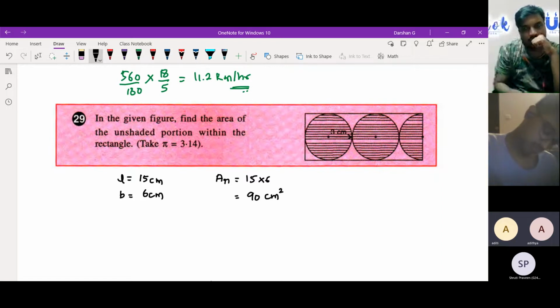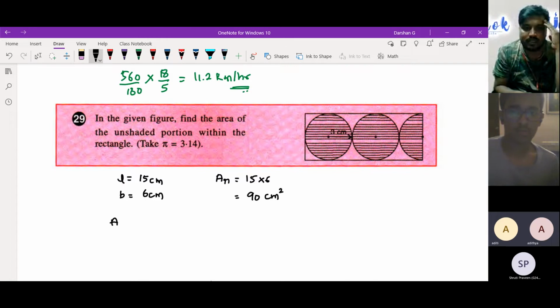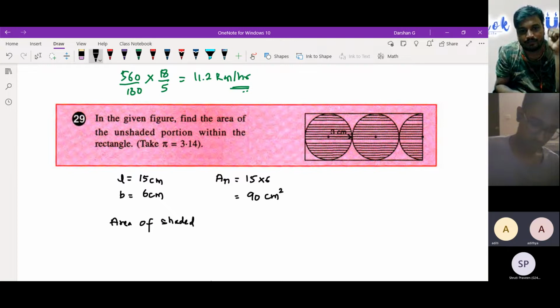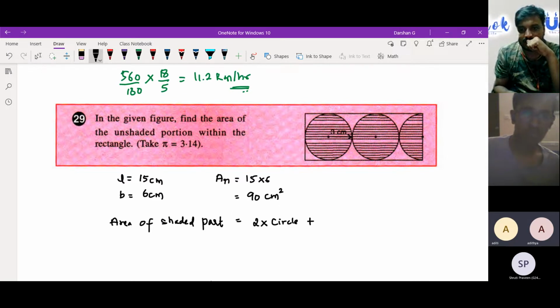Now, the area of these three semicircles. So the total area of the circles, or the area of the shaded part. I'll just take, because there is also a semicircle in the shaded part, equals 2 times a full circle plus, there are 2 circles plus 1 semicircle.